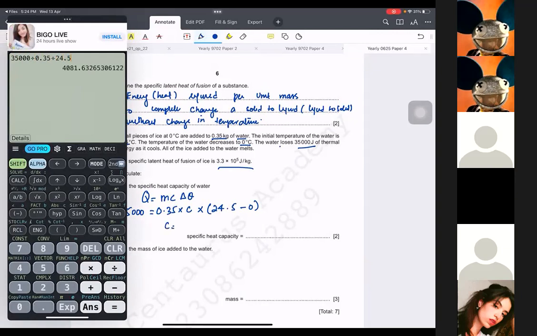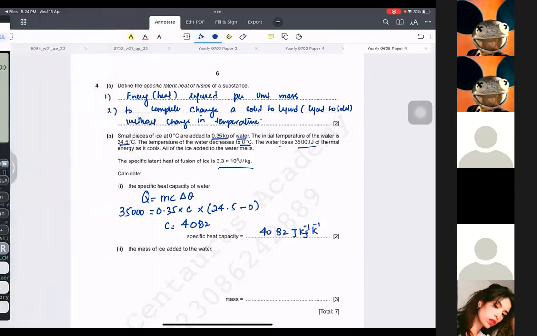So the specific heat capacity is 4082 joules per kg per Kelvin, or per degree Celsius, whatever you want to write, but do write the units, please.